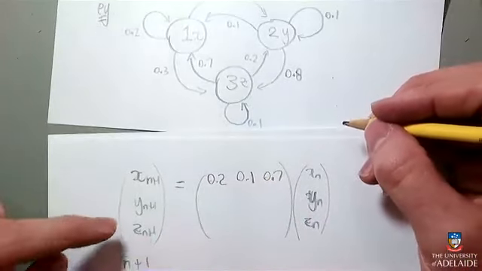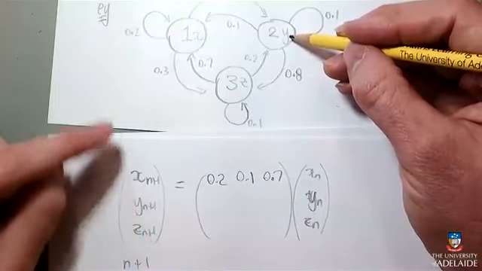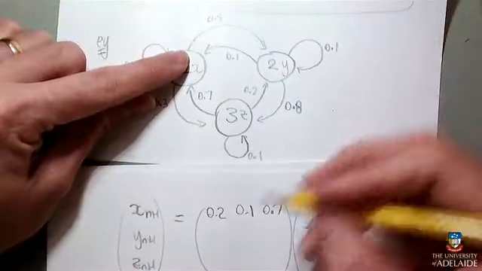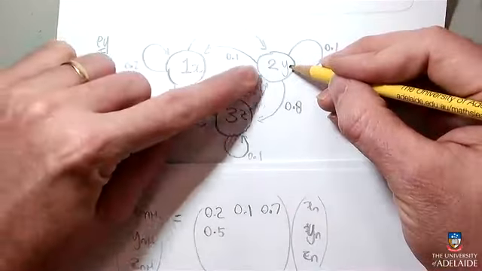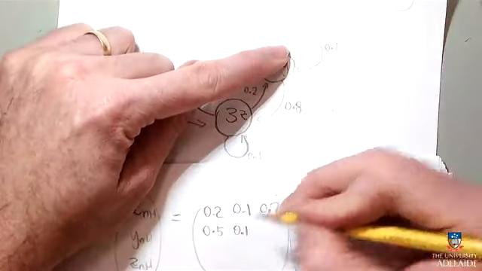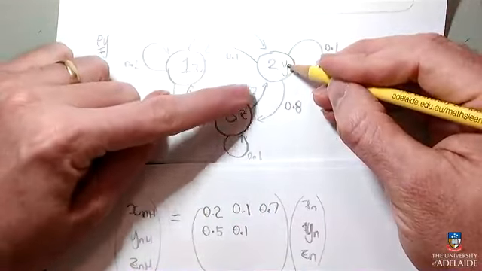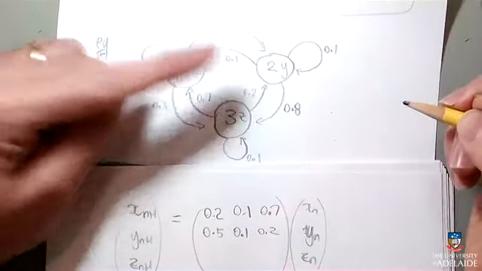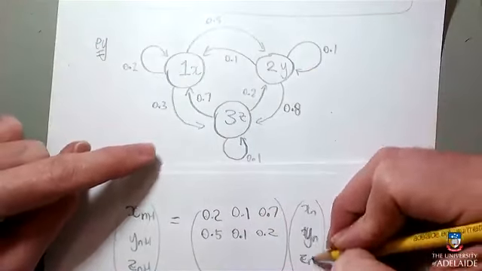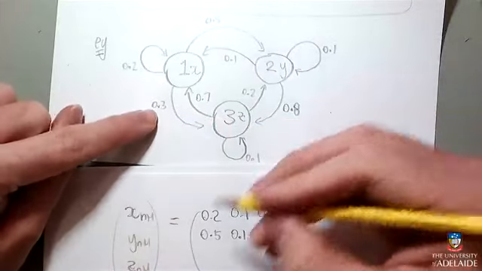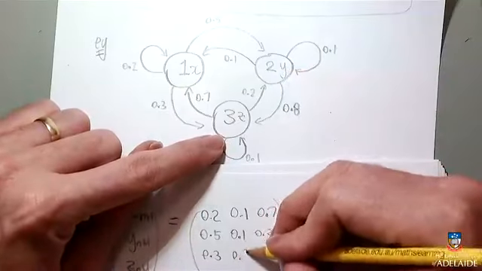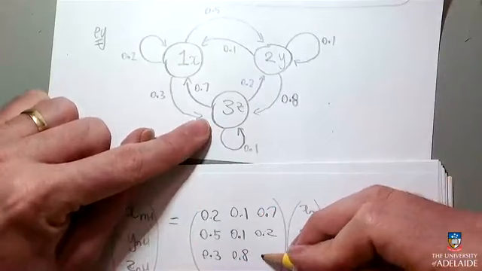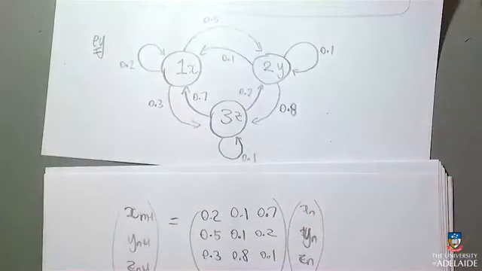So to get to Y, which is number 2, I'm going to get 0.5 of whatever used to be in X, and 0.1 of whatever used to be in Y, and 0.2 of whatever used to be in Z, and then for Z, I'm going to get 0.3 of whatever used to be in X, and 0.8 of whatever used to be in Y, and 0.1 of whatever used to be in Z. And that's my matrix.